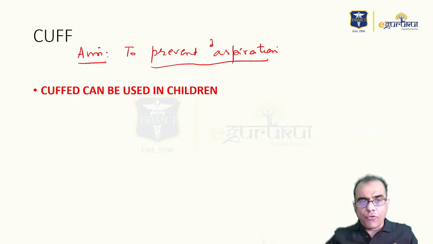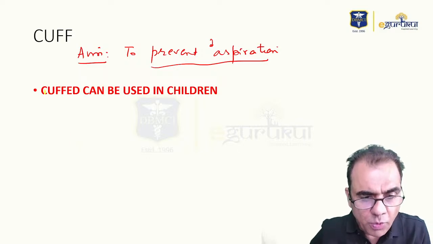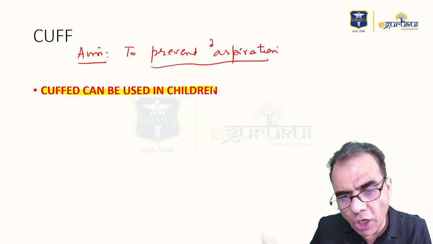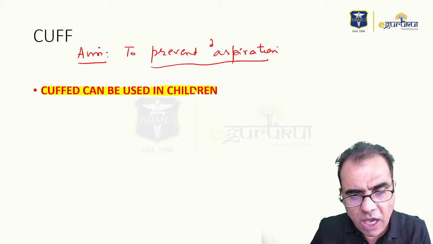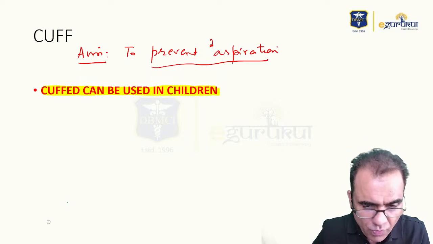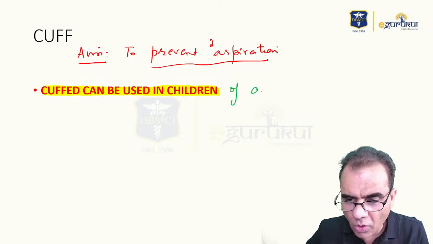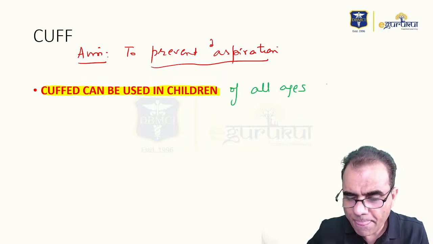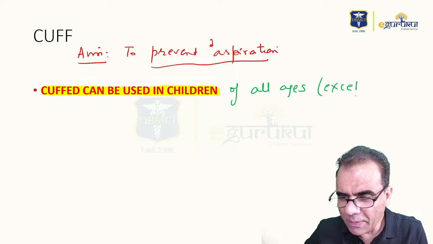So therefore, now cuffed tubes can be used in children, again I will say, of all ages except prematures. Premature babies, we are still using uncuffed tubes.